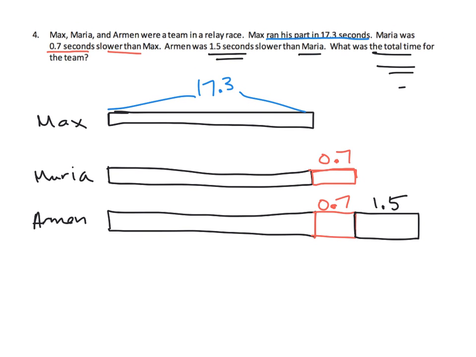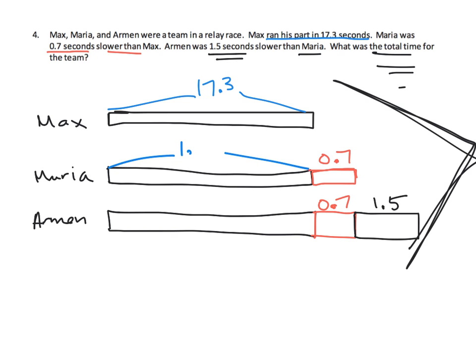So now the question is, what is the total time? So the idea is, what is the entire total time? So what are we going to do? Well, we know that we have this piece is 17.3. That means this piece right here is also 17.3. And this piece is also 17.3.